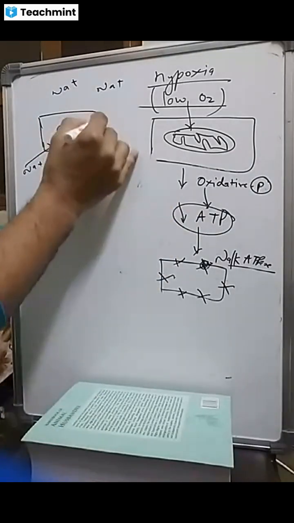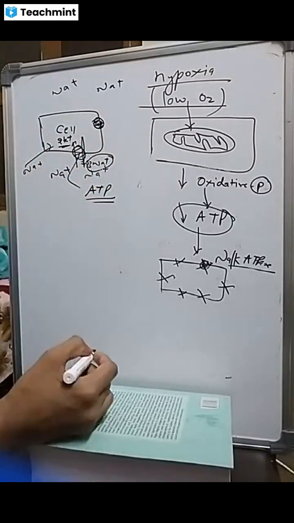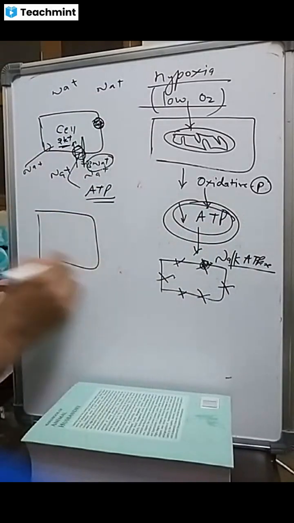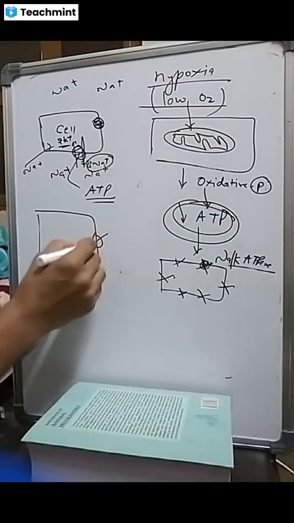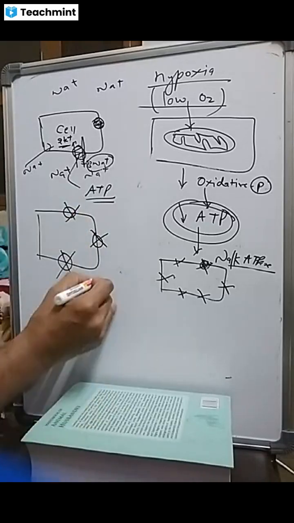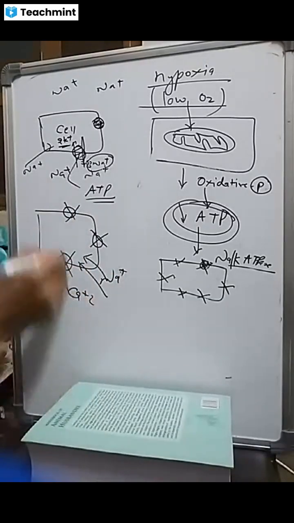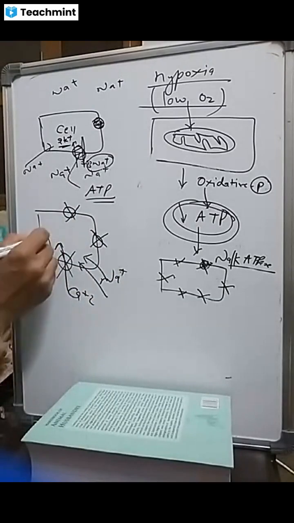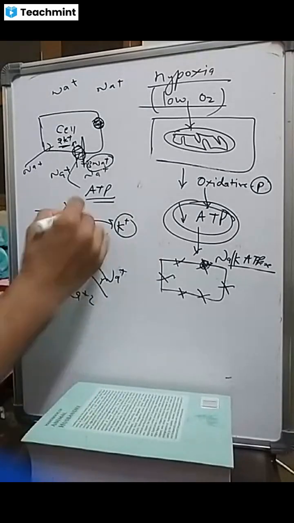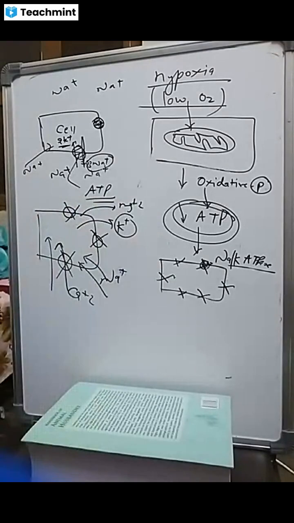All these are utilizing ATP. If this ATP is not there, then this ATPase will not work. Then sodium will enter, then calcium will enter, then potassium will come out. Ionic imbalance is there.